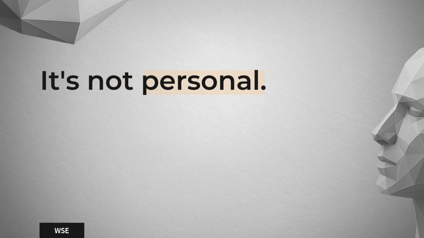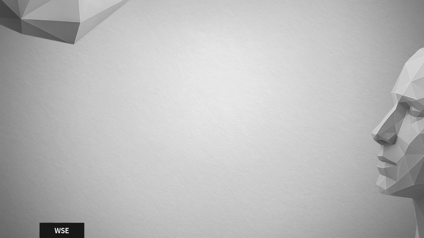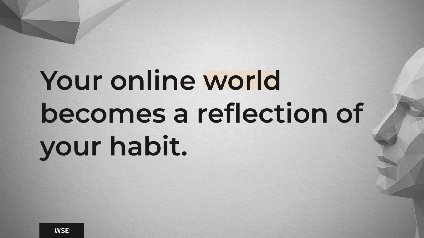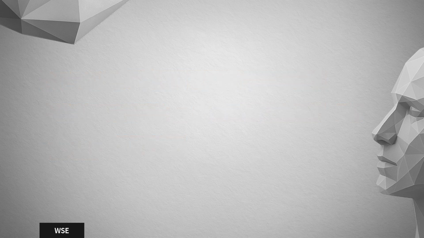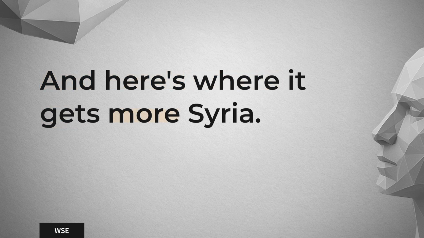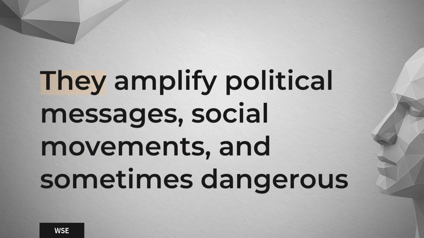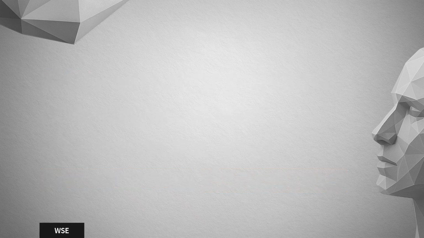It's not personal, it's data-driven. But the result is very personal. Your online world becomes a reflection of your habits, not of the real world. And here's where it gets more serious. These platforms don't just amplify entertainment. They amplify political messages, social movements, and sometimes dangerous lies.